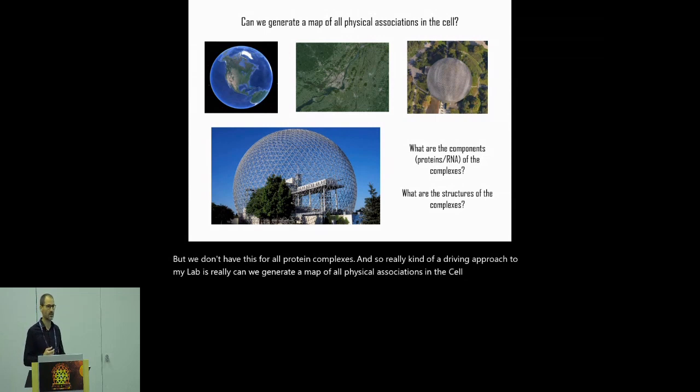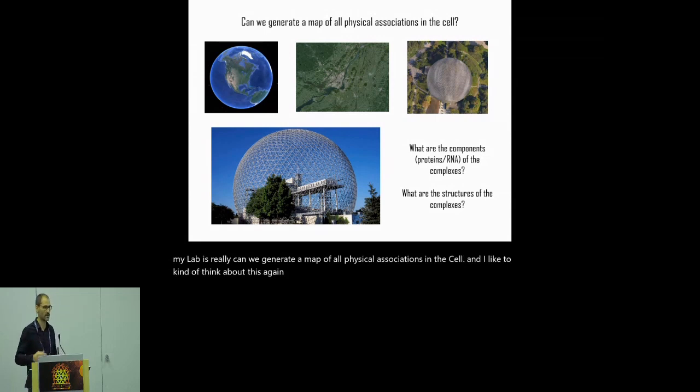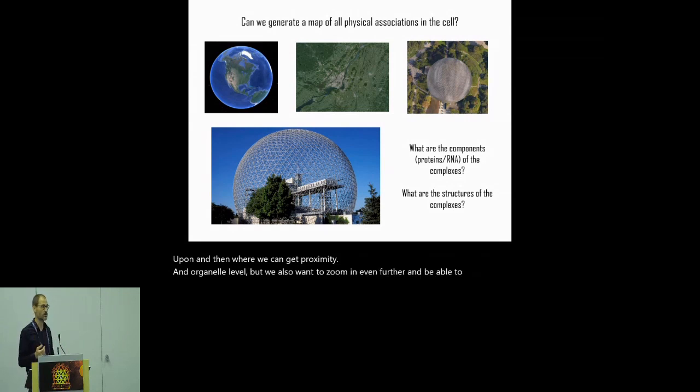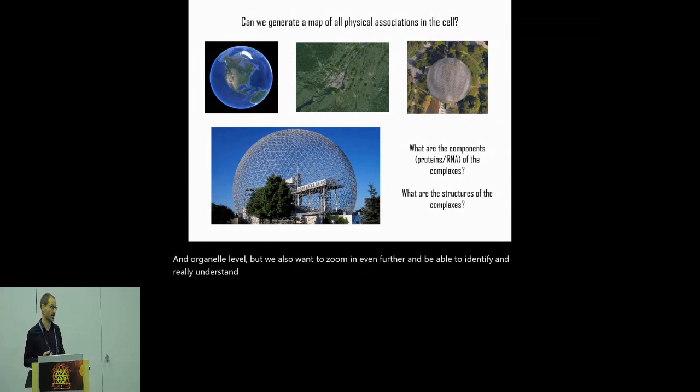I like to think about this akin to Google Maps for the cell, where we can have a very broad view of what the cell looks like and then be able to zoom in. This level here in the middle is something that Anne-Claude touched upon, and then we can get proximity and organelle level. But we also want to zoom in even further and understand biological entities such as protein complexes.